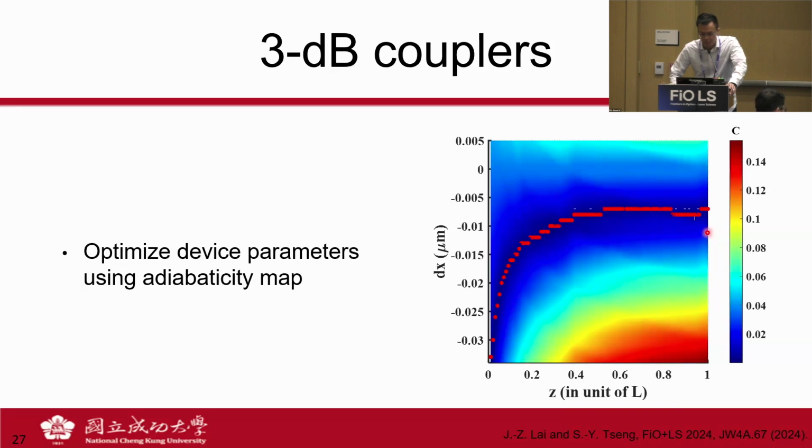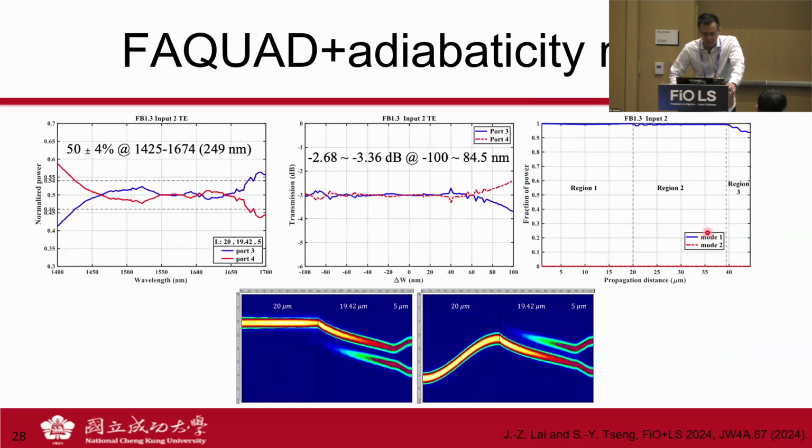I think one of my students gave a poster yesterday on this topic. We applied the previously introduced FiO technology, and we used the adiabaticity map, and we found the most efficient evolution path on the map. And here's our design results.